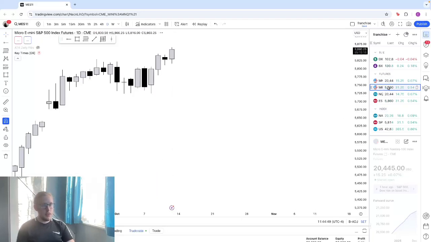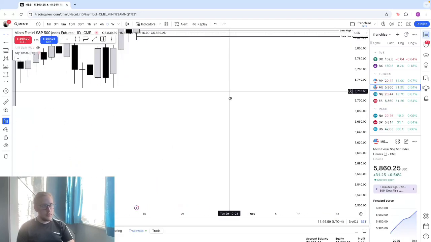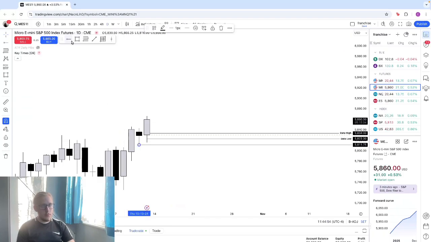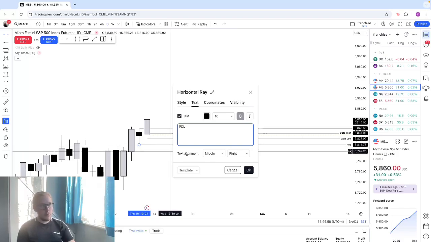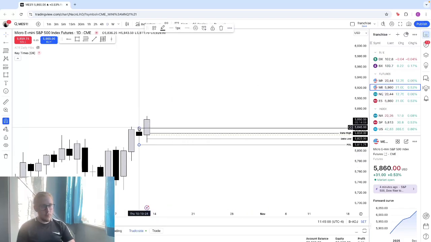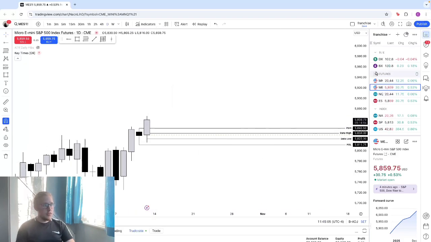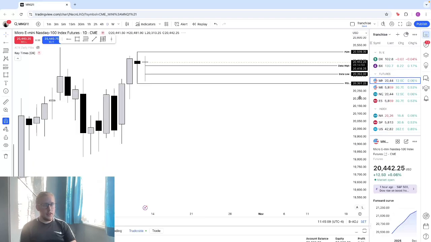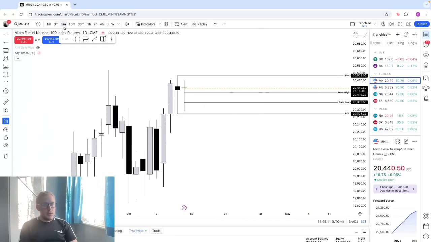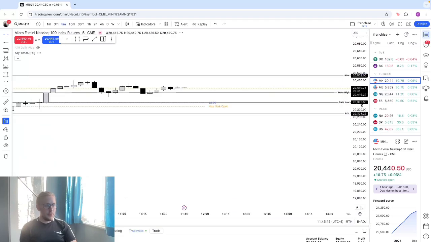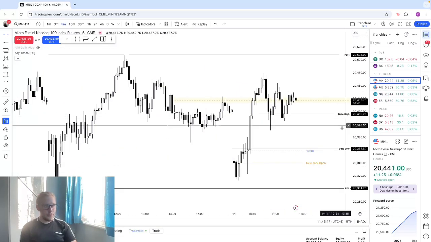There we go. Cool. So we've got our new day opening gap, data high and low, and our previous day high and low. So now we're going to go on to 5-minute time frame, onto regular trading hours.